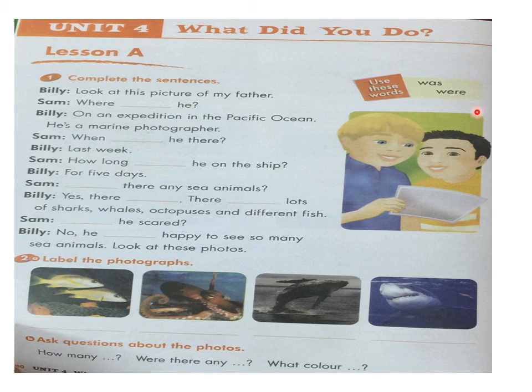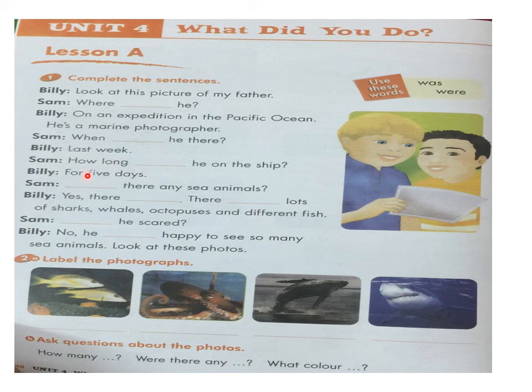So he takes what, was or were? Yes, was. Where was he? On an expedition in the Pacific Ocean. We said the ocean is bigger than what? The sea. He's a marine photographer. So what's his job? Marine photographer. Sam: When was he there?